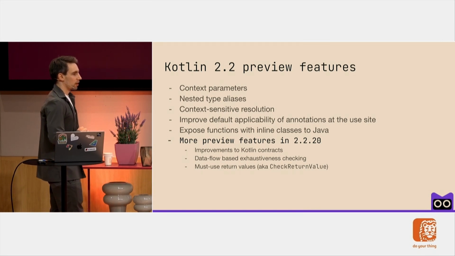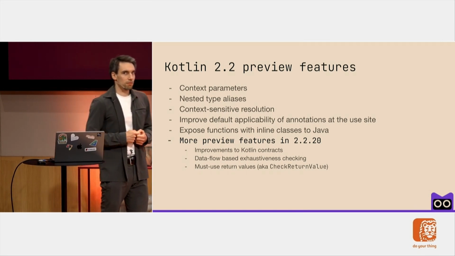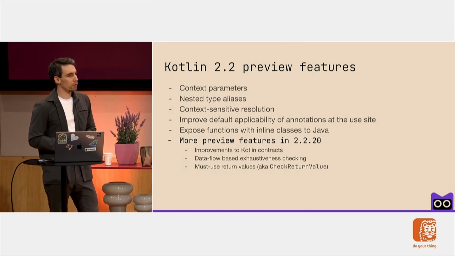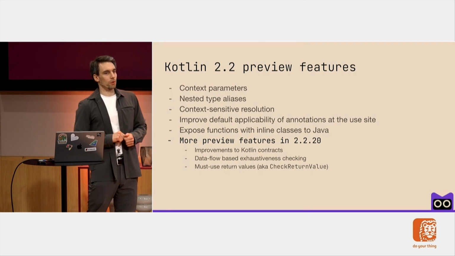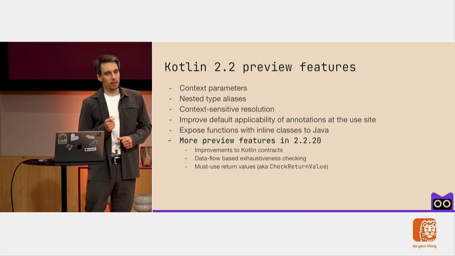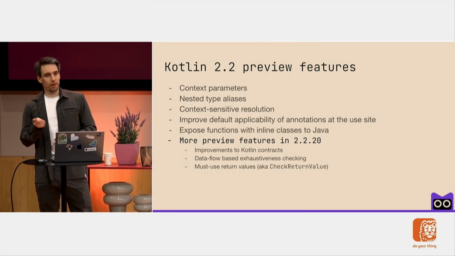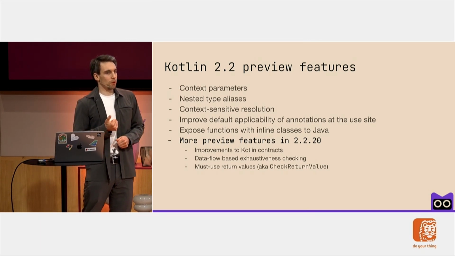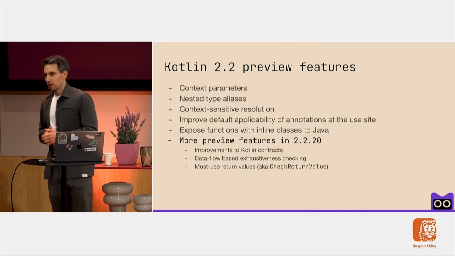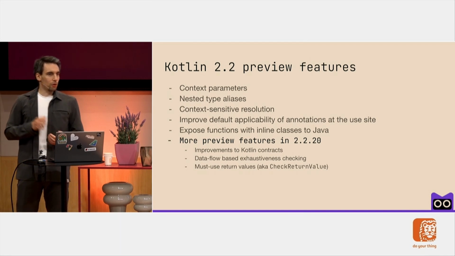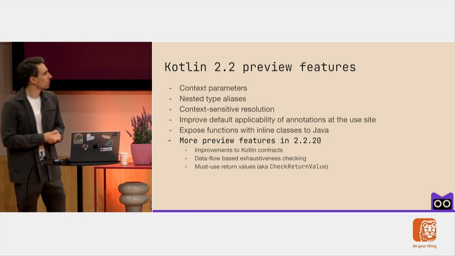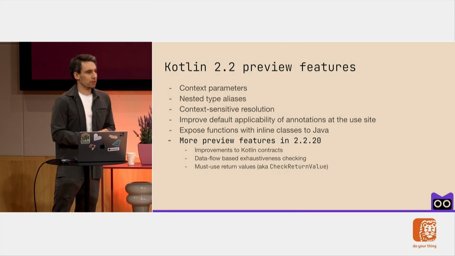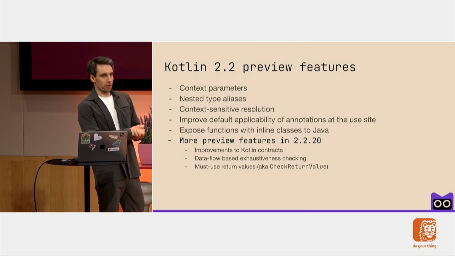And one of the largest changes to the language is about must use return values. So at some point, we want to switch the default and say that every function that returns a value should be consumed at the call site. Because from quite a lot of research, including our research on Google's monorepo, which includes millions and millions of lines of code, we see that most functions that return values should be consumed at the call site.